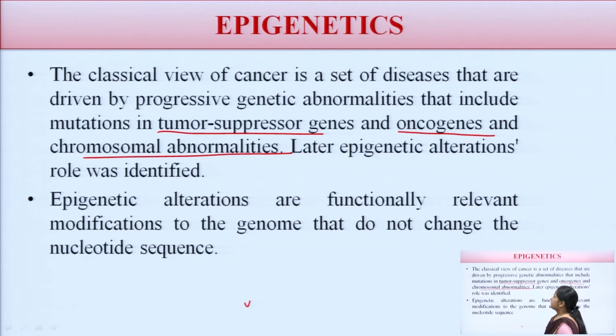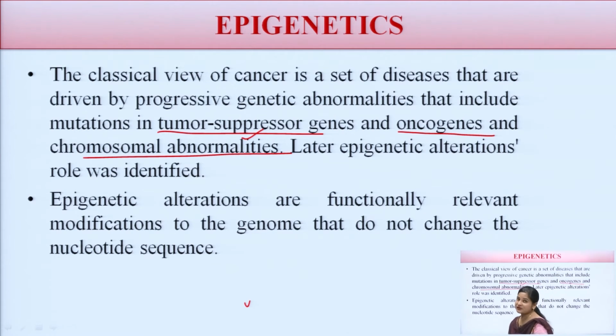Basically, the classical view of cancer is a set of diseases that may derive from various kinds of abnormalities, which include mutation in the tumor suppressor genes.